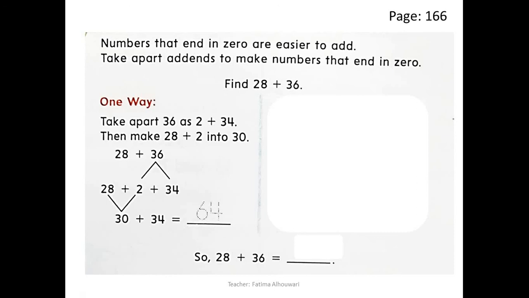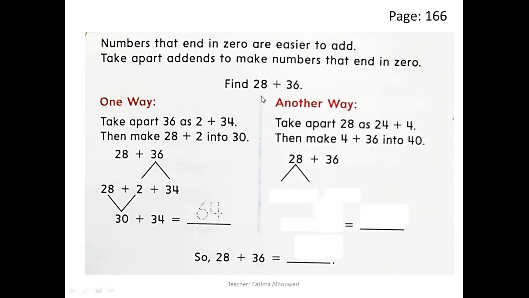So we will take apart number 28 to 4 plus 24. Excellent, grade 2. We will take apart number 28 to 24 and 4. And then we will add this 4 to 36. So 4 plus 36 equals 40. And now we can add 24 plus 40.